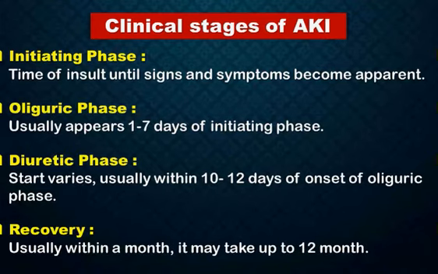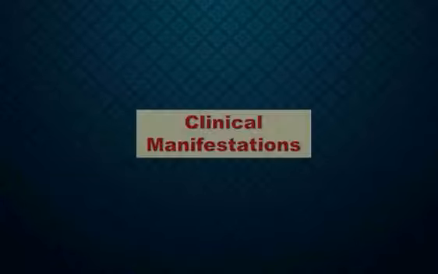We are talking about acute kidney injury, so we should put the recovery of the condition as the ultimate result or fate of the problem. What happens to become chronic is unexpected. So the recovery usually becomes total within 1 month, and it may take up to 12 months, according to the cause of the acute kidney injury.